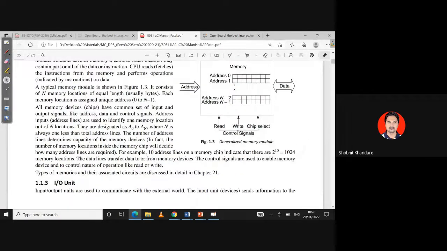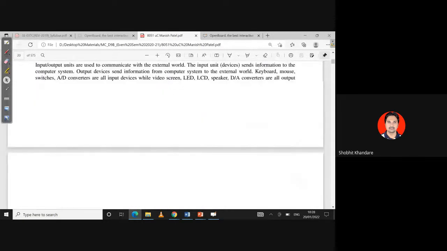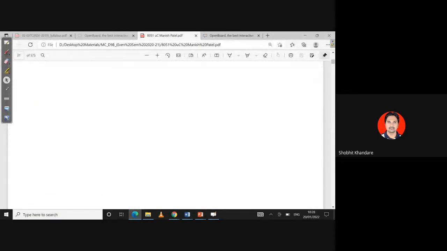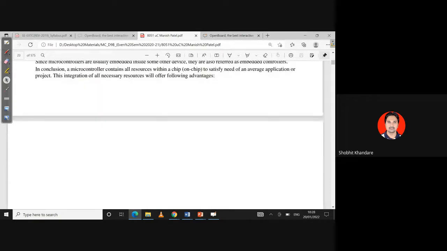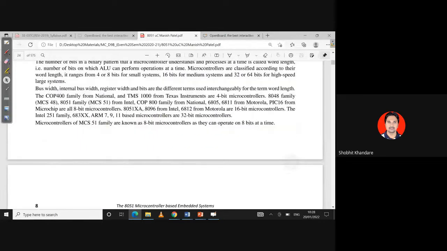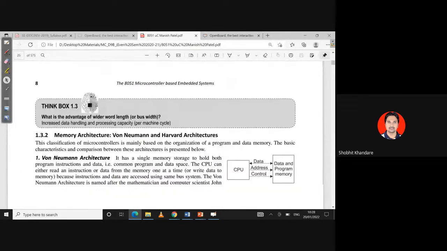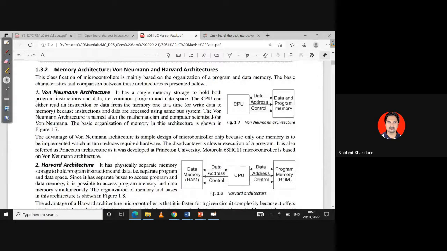So this thing we have already studied. Now we will proceed to understand the memory architecture. I want everyone to write down as a heading: memory architecture.